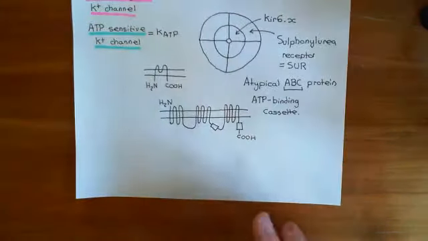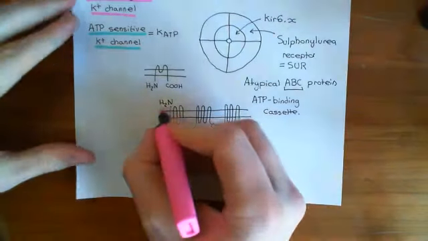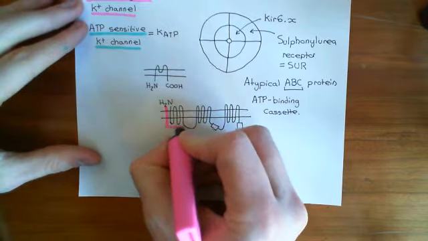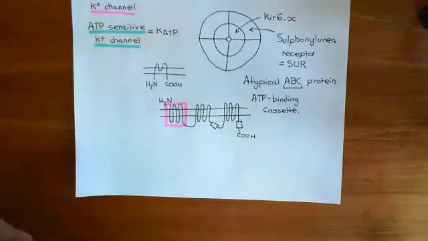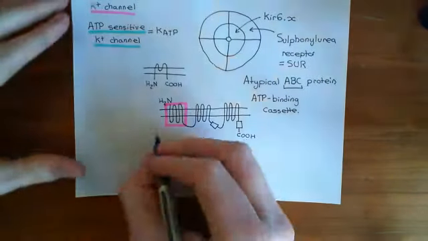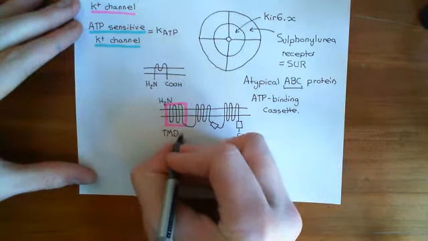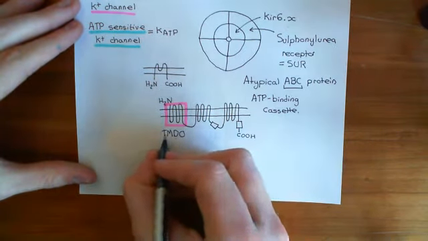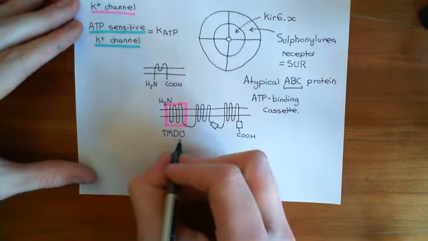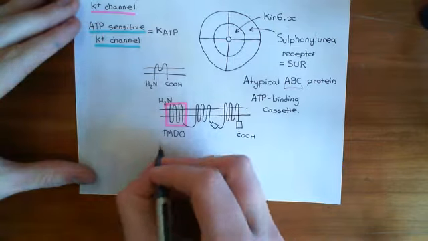Let's label the bits of this protein up then. This portion of 5 membrane-spanning alpha helices, which are all close by one another, is known as the transmembrane domain naught, the TMD0. Now this is a special portion that normal ABC proteins don't have, but sulfonylurea receptors all have.